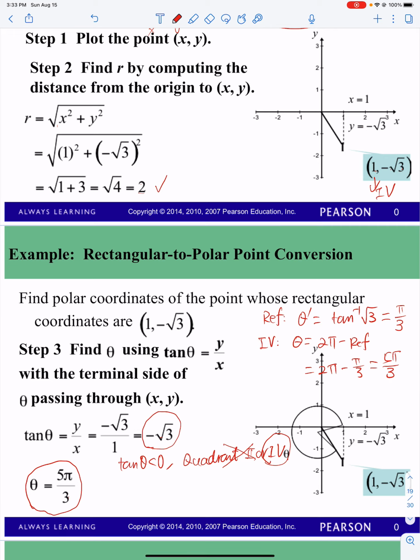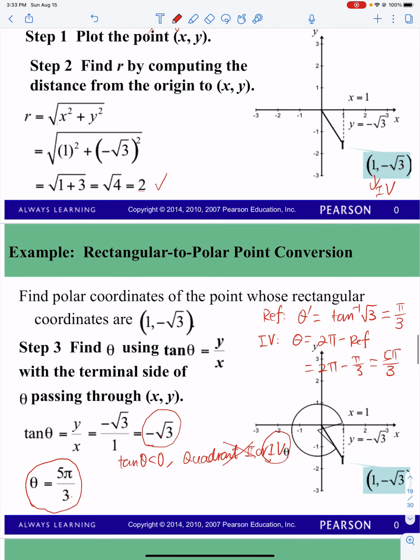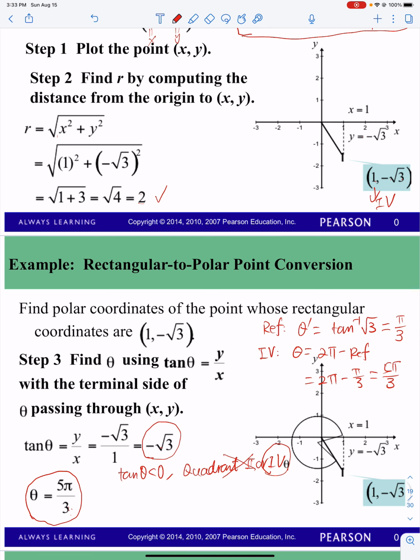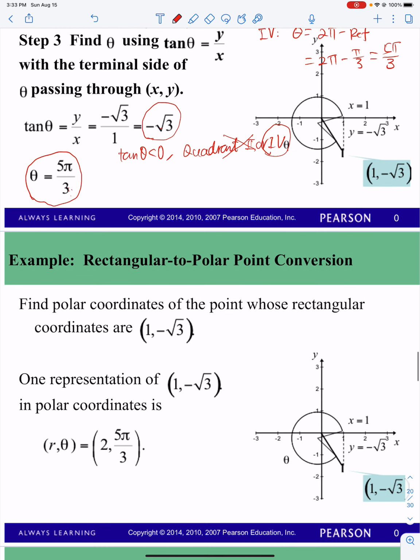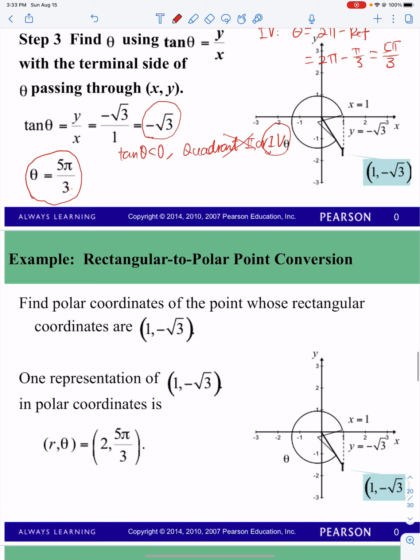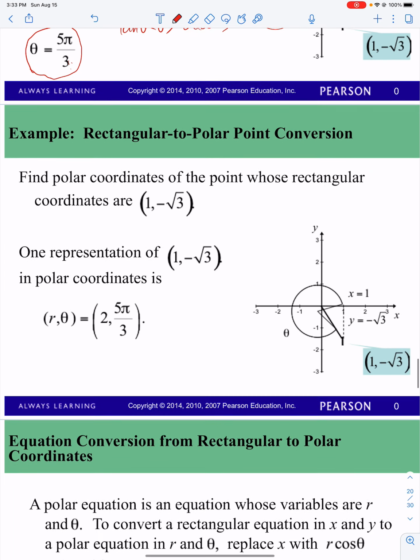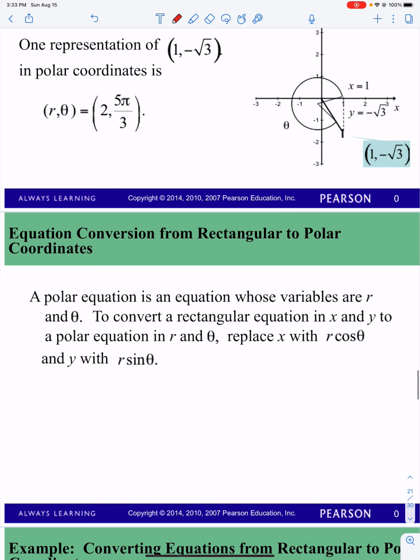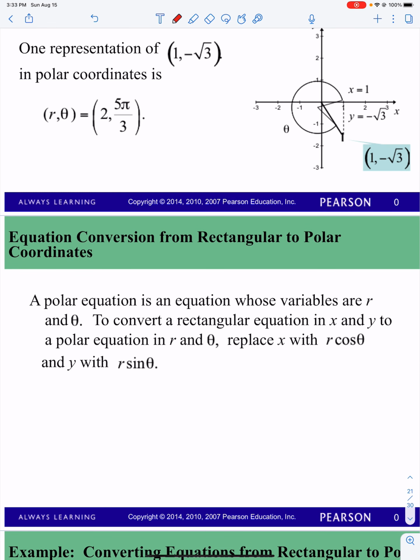This is how you get the 5 pi over 3, okay? Be super careful. I think they didn't emphasize it here, but when you do it, be super careful. You should know how to do it. So this is the final answer.